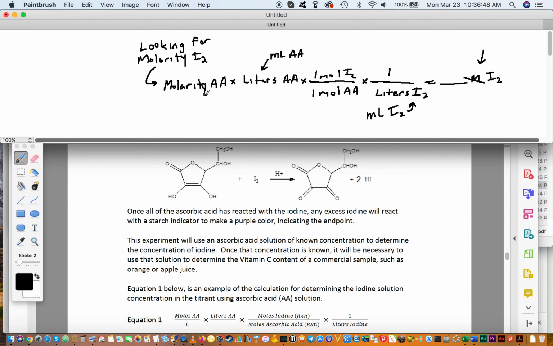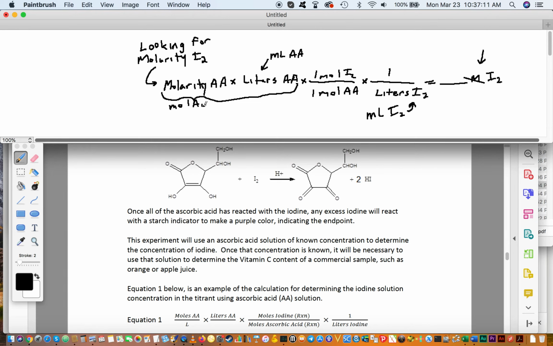What did we start with though? We started with the molarity of ascorbic acid, and we multiplied that by the litres of ascorbic acid. And then we went through and did the dimensional analysis from here, and we ended up getting, see, this ended up being molarity, which is moles per litre.